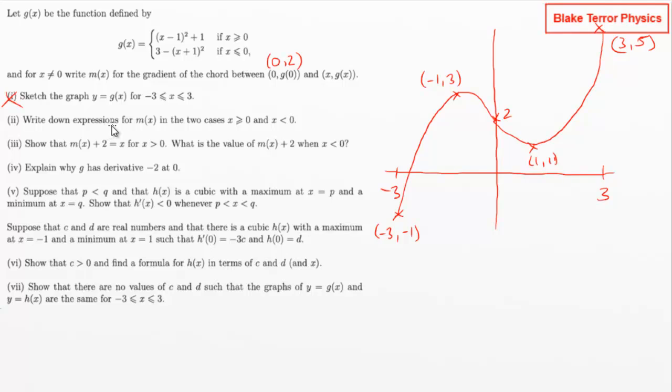Write down expressions for m in the 2 cases of positive and negative x. So, right, well, let's go with a positive one. So if x is greater than or equal to 0, so we're over this side here, which means we've got our top expression. So change in y is going to be where it's going from 2, and then we can take off that function.